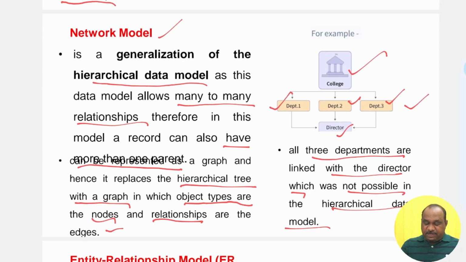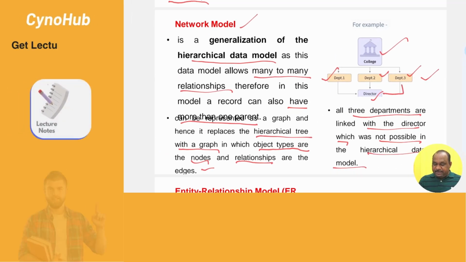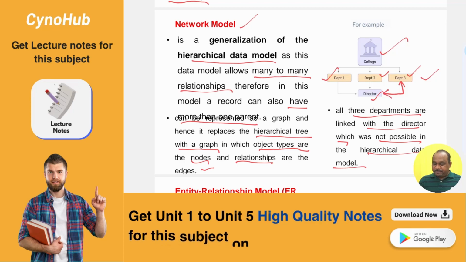So in this case, what you can observe is many-to-many relationships. Suppose, for example, a director maintains a department. Now, one or more departments are linked with one director, so that is one-to-many.